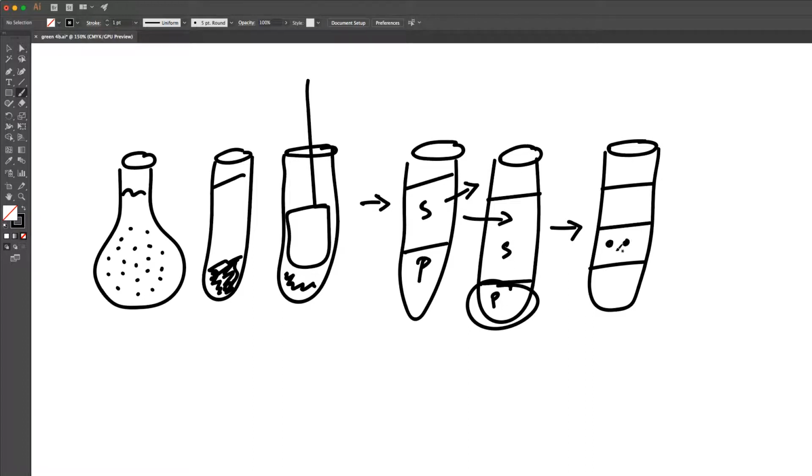But at any rate, they were able to obtain a fraction that was highly purified clathrin-coated vesicles. And then they analyzed this sample by protein gels, by Western blots, and by electron microscopy.